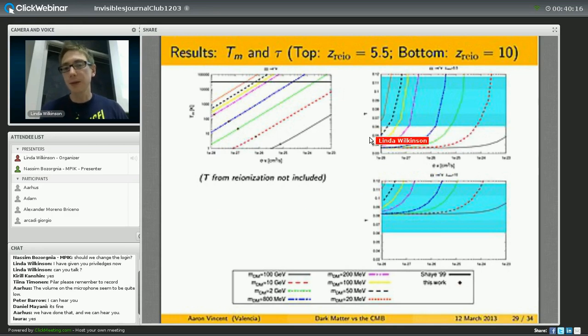And the same thing for the optical depth. As you increase the dark matter annihilation cross-section, the optical depth starts to slowly and then extremely rapidly increase.